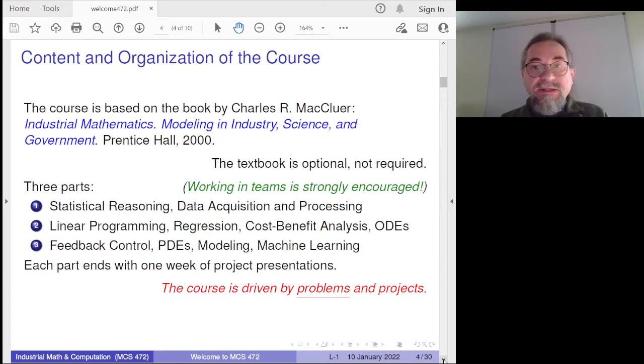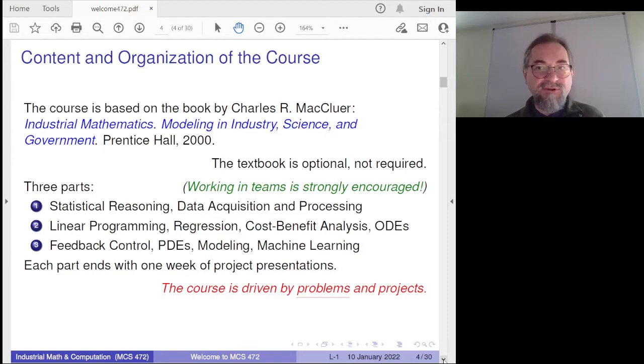Okay, the course is based on a textbook of Charles McClure on modeling in industry, science, and government. What is important about this is that regardless of what your future career will be, whether it will be in industry, in science, or in government, you will have to solve problems. And you will have to work in teams.